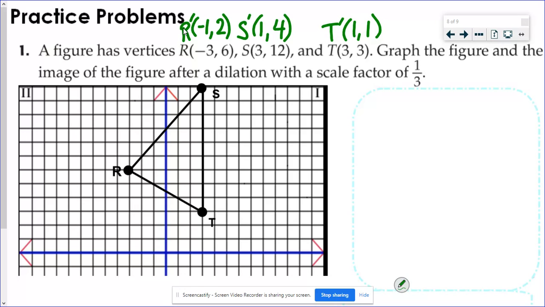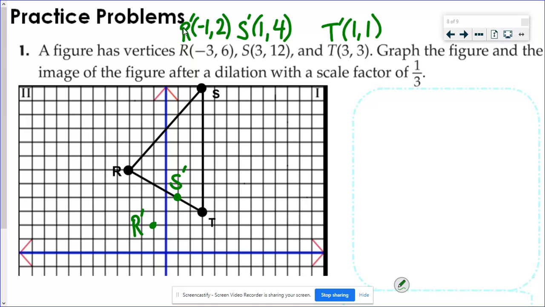So when I graph that, -3, -6. Oh, I'm sorry, -3. Nope, that was the original point. -1, 2, right here. That's R prime. S prime is at 1, 4. Yep, that's okay.